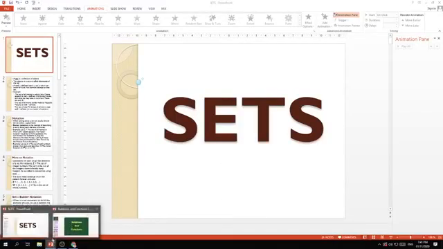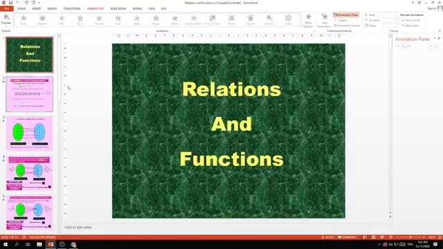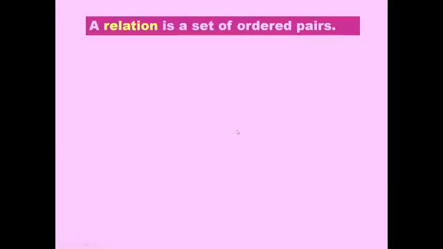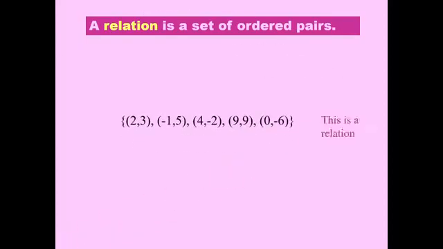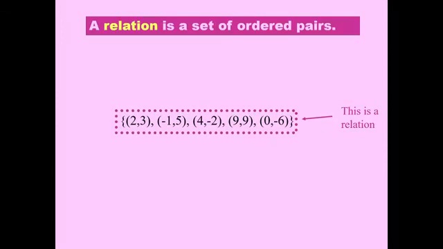Now this time, let's talk about relations and functions. A relation is a set of ordered pairs. So you know what an ordered pair is already. This is an example of a relation because this is a set of ordered pairs. Now the domain. The domain is a set of all x values in the relation.